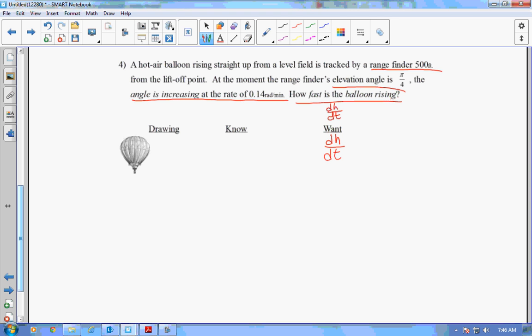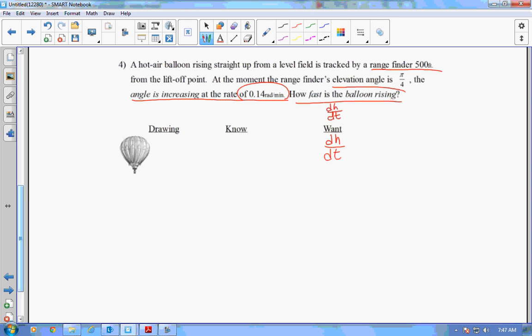The rate of change you seek, and the variable or variables whose rate of change you know. What do we know? Do we know any rates of change? We're looking at a specific point when the angle is increasing at a rate of, yep. Okay, but this is not height increasing over time.